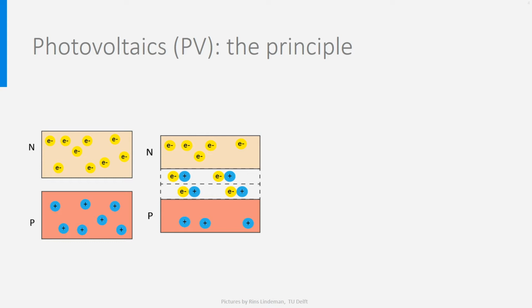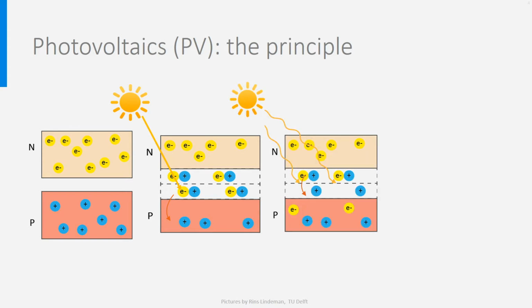When solar radiation, which consists of photons, travels through the N semiconductor and hits the junction, the junction absorbs energy from the radiation, and this energy is just enough to help the electrons that are in the neutral zone at the P side to jump further into the P side.